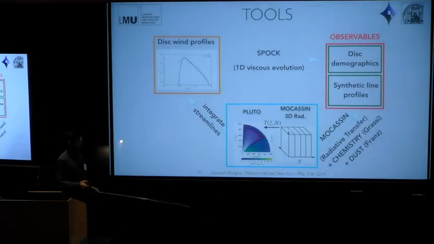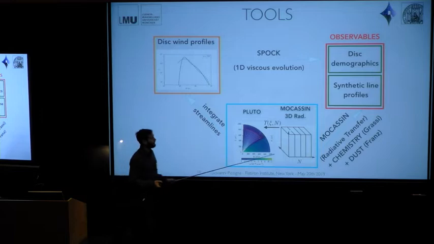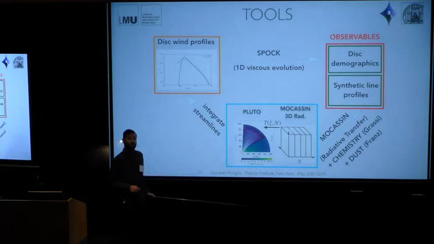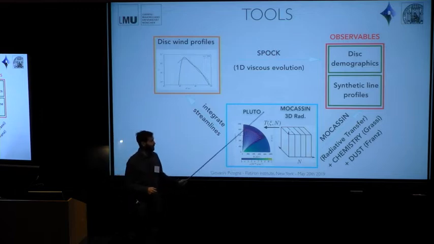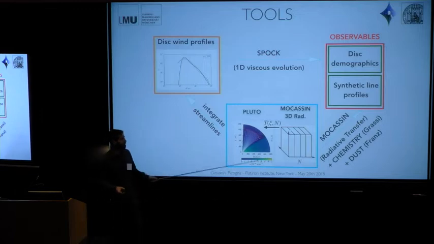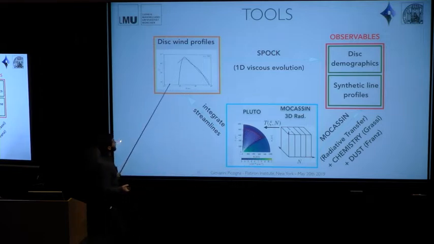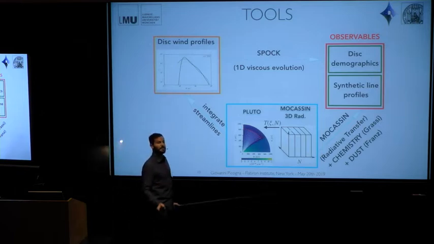I developed this framework where we are using PLUTO, an Eulerian grid hydrodynamical code, coupled with MOCASSIN, the ionization code from Barbara Ercolano, in order to have a radiative transfer hydro simulation. From this simulation we get the streamlines of our photoevaporative wind at an equilibrium state, at which point we integrate the streamlines of our wind, and we obtain the surface density mass loss rate as a function of radius.